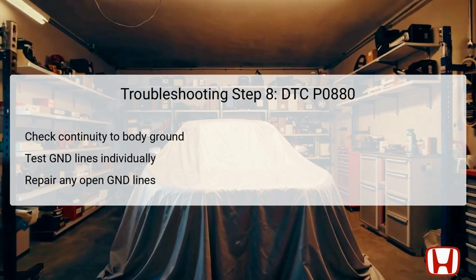This step requires assessing terminal number 1 and terminal number 2 of the TCM 58P connector individually against body ground to verify the integrity of the ground connections, GND1/TCU GND1 and GND2/TCU GND2. Finding continuity indicates that these ground connections are functioning correctly, leading to the conclusion that there are no issues with grounding the TCM.